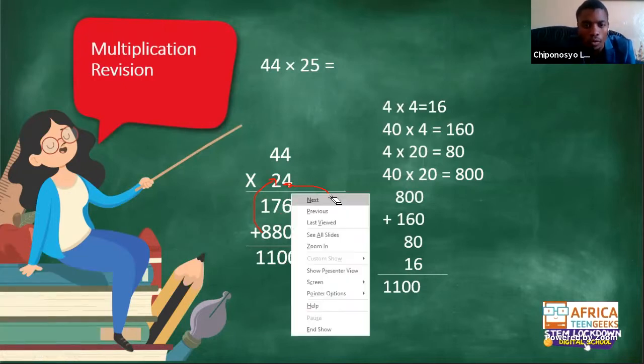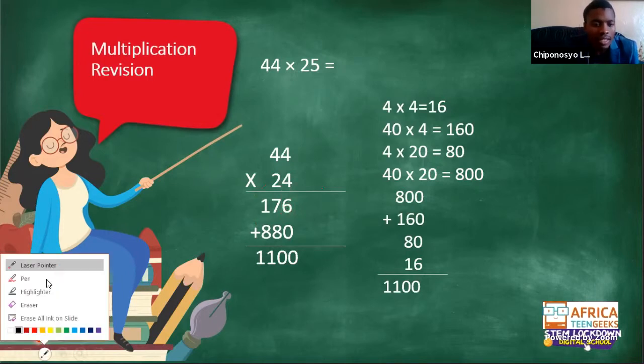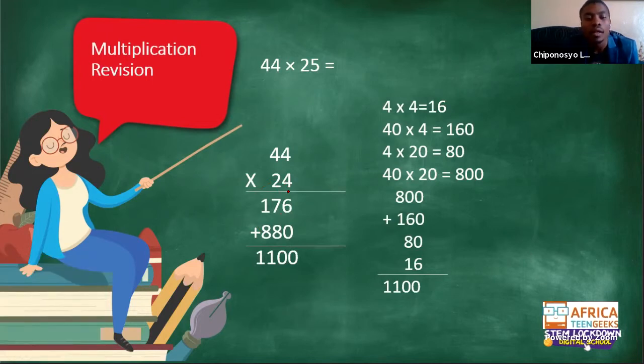You start multiplying digit for digit. You have 4 times 4, which is what? 16. Having 16, 16 has what? A 1 and a 6.